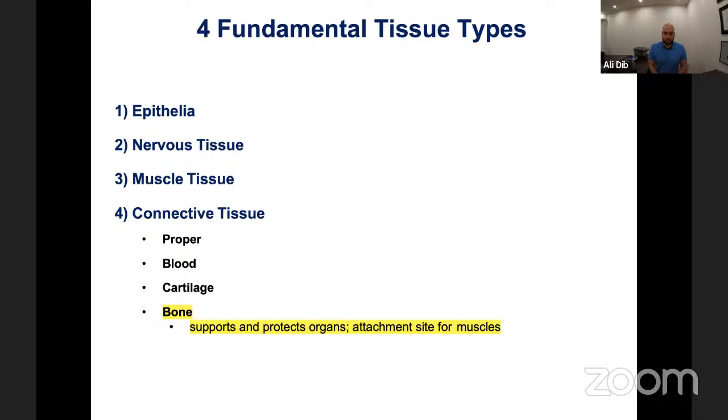All bone falls under the category of connective tissue. We're going to dive into that in a little bit more detail today. Other types of connective tissue include your blood, your cartilage, and proper connective tissue, which includes things like ligaments and adipose fatty tissue.